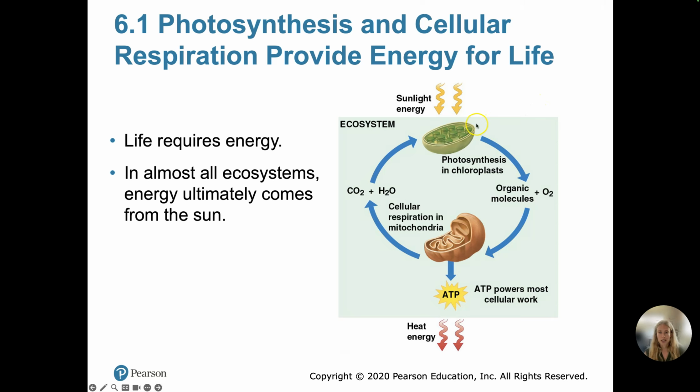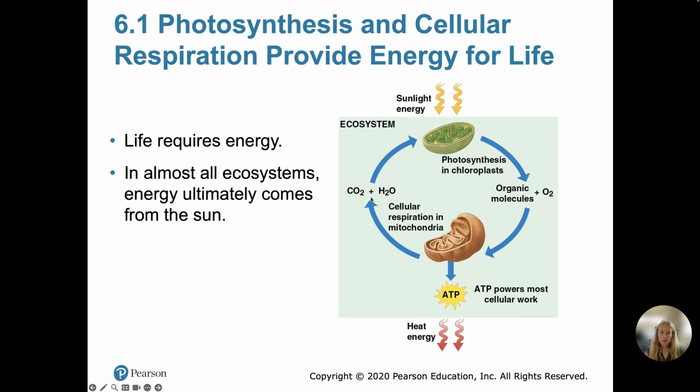So we know that photosynthesis occurs in plants and some protists, any type of organism that has chloroplasts. Photosynthesis captures the energy from sunlight and creates organic molecules and oxygen, which are then the fuel for cellular respiration, which occurs in the mitochondria. Cellular respiration produces ATP, which powers most of the cellular work. Heat energy is a byproduct of this.